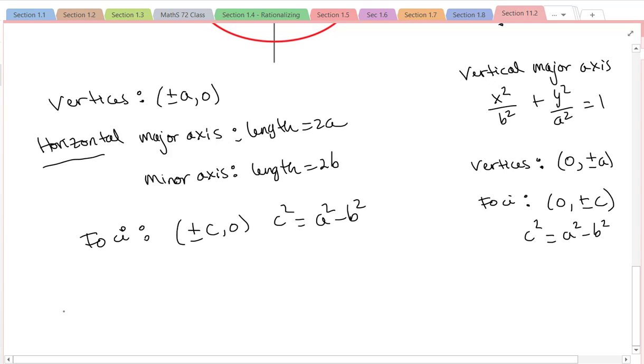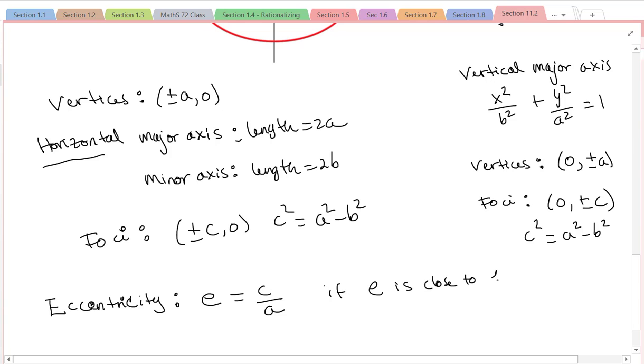So the eccentricity of an ellipse is the number, the little e, equals the ratio of c to a. And so if e is close to 1, meaning c and a are very close to each other, we're going to have a very elongated ellipse.